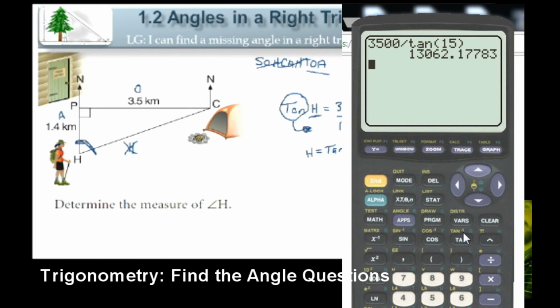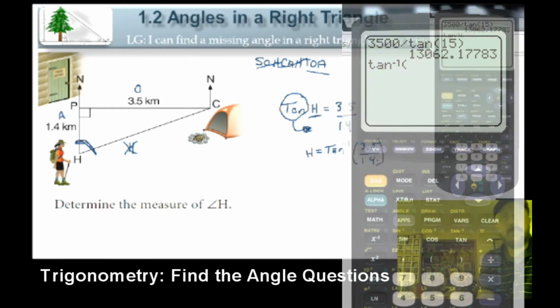So it's usually right above the tan button. Because it's in yellow, second is in yellow, and if I push tan, there it is. So there's tan inverse. This is going to be as easy as just pushing shift to get to that tan inverse.